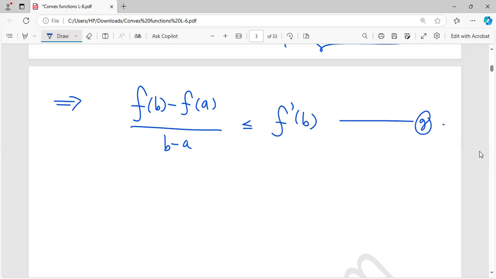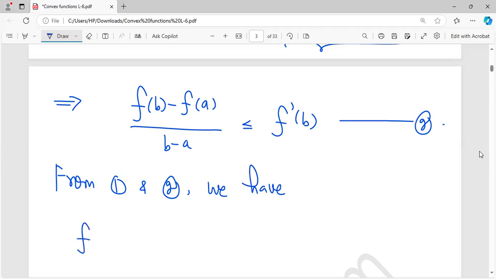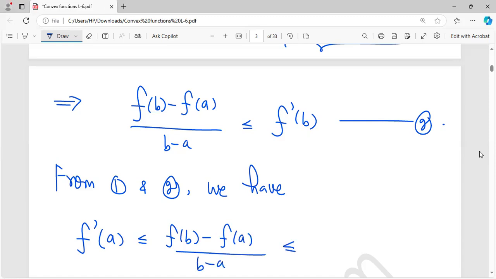So from 1 and 2, we have f'(a) less than (f(b) - f(a))/(b - a) less than f'(b).